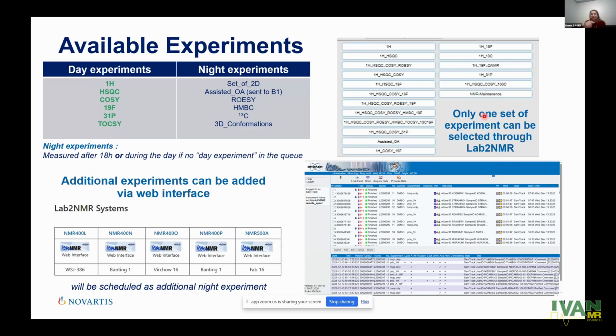That's why we decided to switch to the web interface from IconNMR. From their own PC, they are able to reach the IconNMR web interface for all spectrometers. They will arrive on this Icon web, where they will be able to add some experiments. In this case, we help the chemists not to move between buildings and add spectrometers. And with the lab-to-lab and building-to-building system, this is important to have.